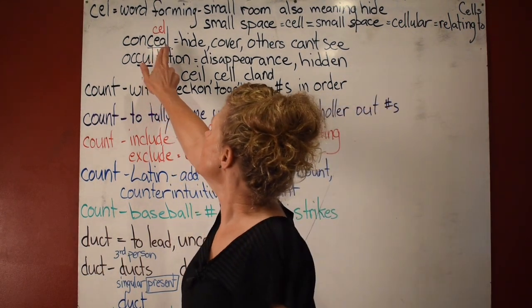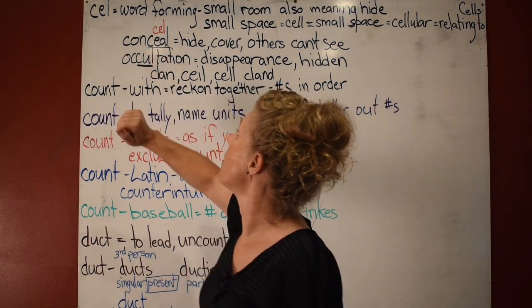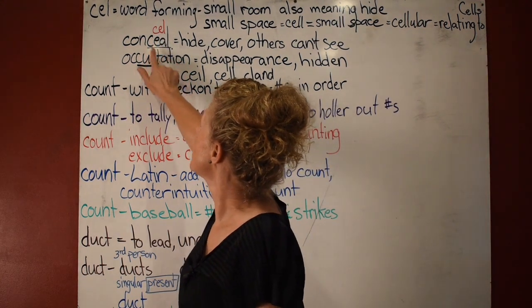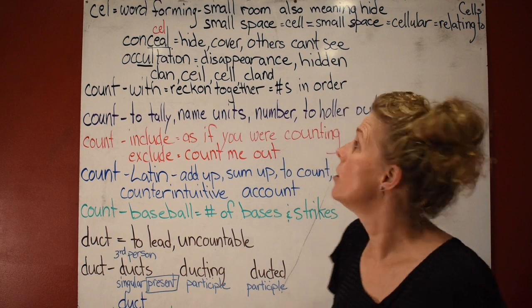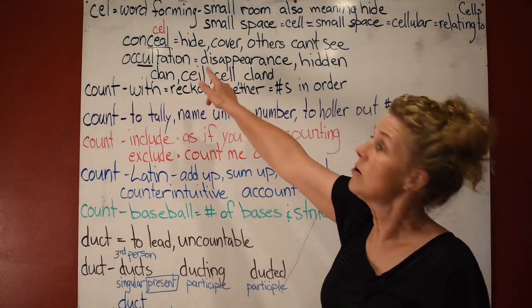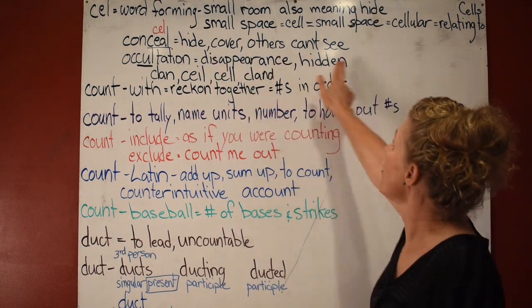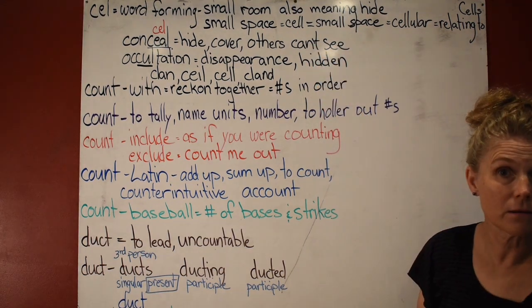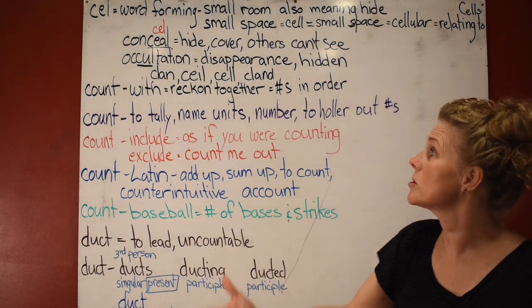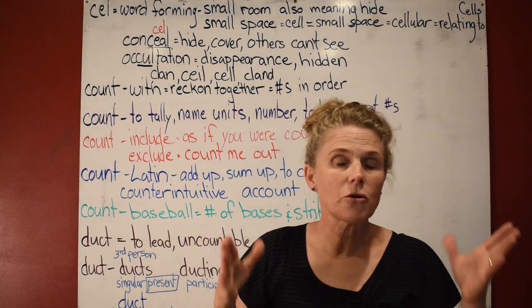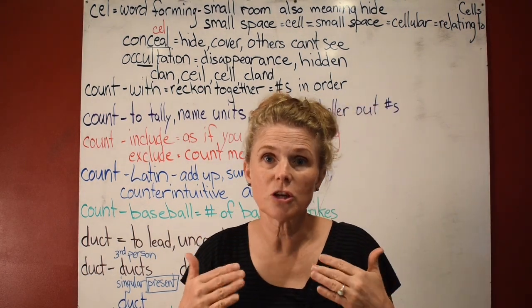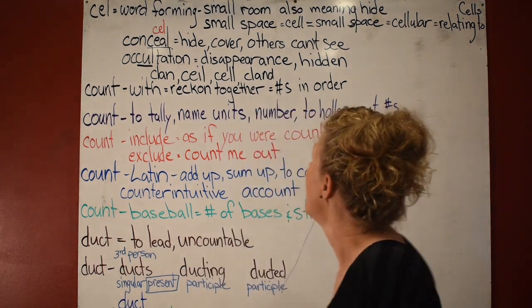Also, it fits in ceal section. These are very similar, different spelling, like conceal, which means hide or cover, so others can't see. So you can't see what's going on. It's being concealed. Like you could put a concealer on your face so it covers up any imperfections that you feel are on your face.